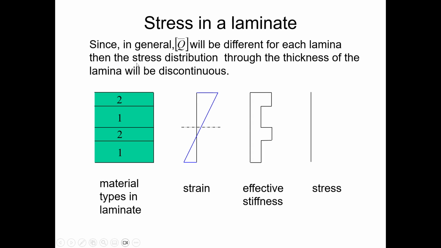In that case, the stress distribution through the thickness of the laminate will be discontinuous. You can see the strain is continuous as it follows our assumptions. But our effective stiffness is a zigzag pattern. Therefore, our stress will also have zigzag patterns. Essentially strain times stiffness will give you the stress.